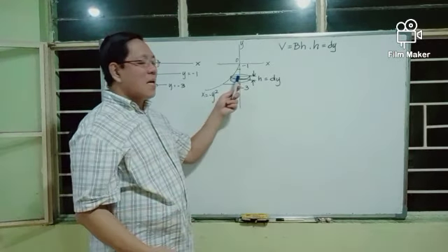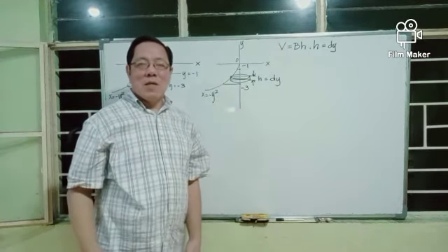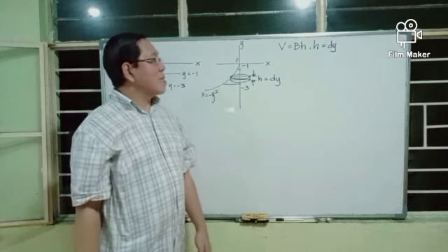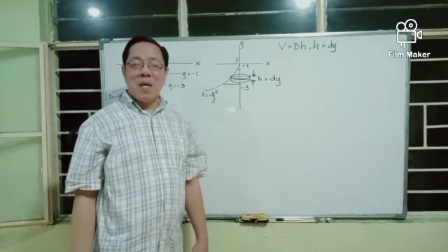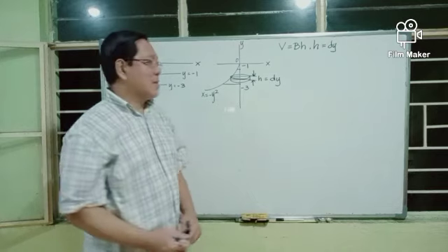And because the base of the disc in the form of a cylinder is a circle, capital B, area of the base is pi r squared.